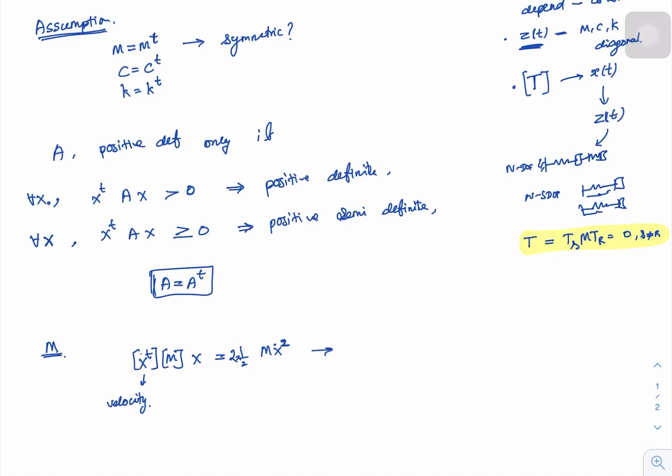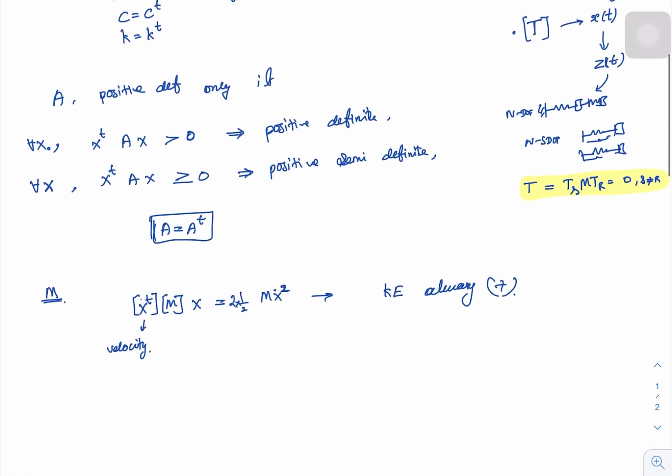This kinetic energy is always positive, so M is positive semi-definite, because in some places it can be 0. Since it is positive semi-definite, M is symmetric. Therefore M equal to M transpose.